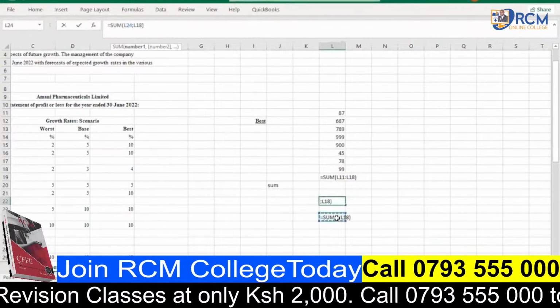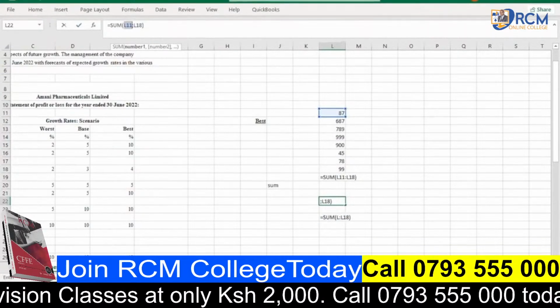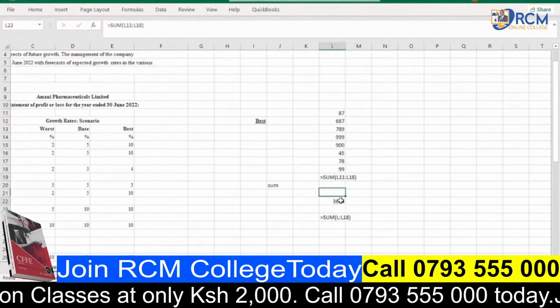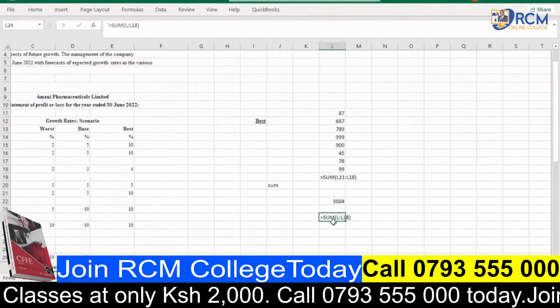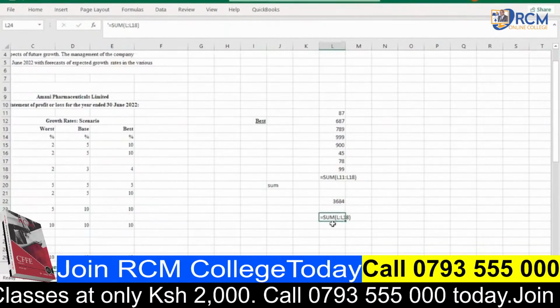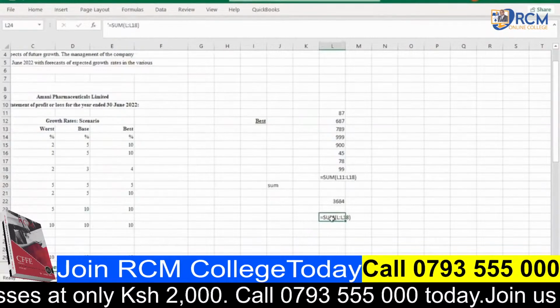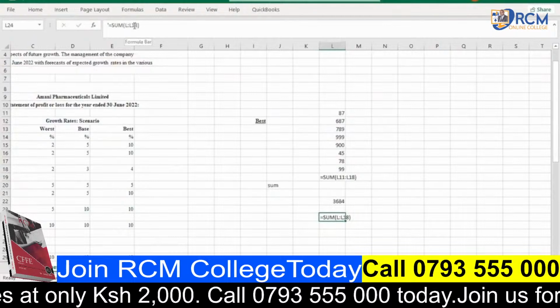If I correct it, it takes me to this other formula. If I come to this part here, see what is now given to me.